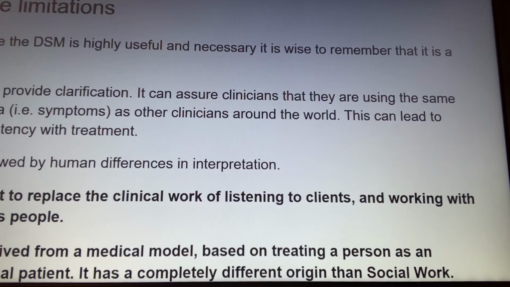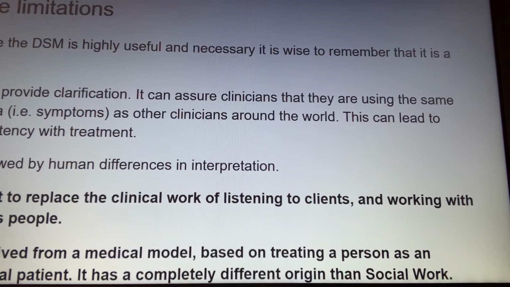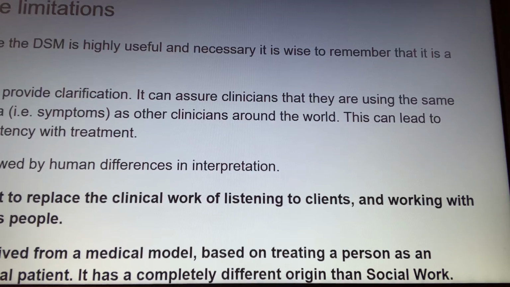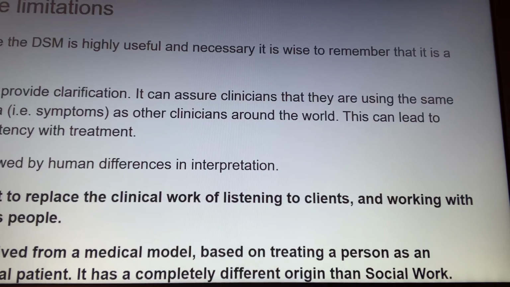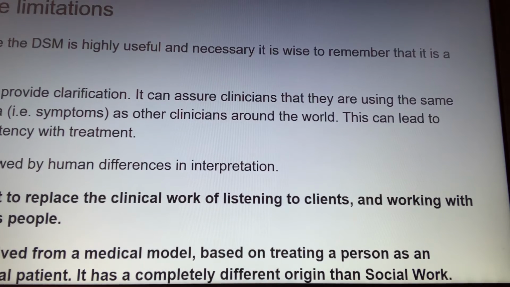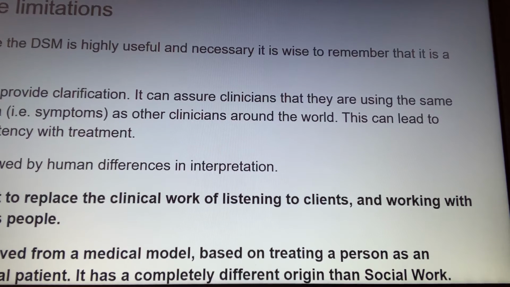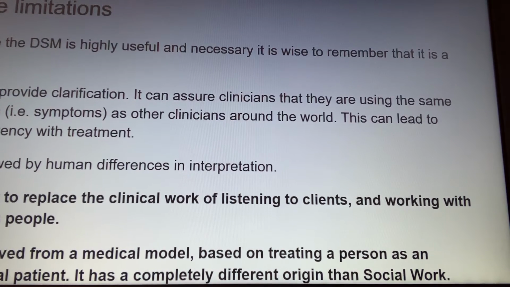It also is not to replace clinical work of listening to clients and working with them as people. Sometimes people get very, very engrossed in learning about all of the mental disorders and diagnosing people, and they lose track of the person.